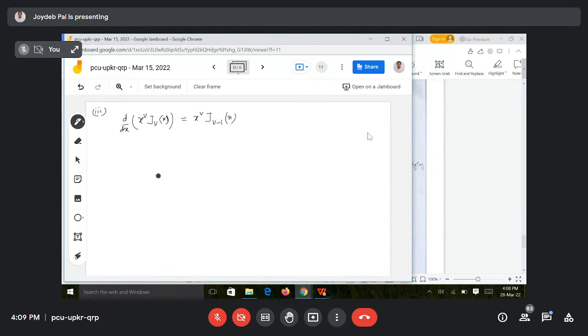Now if we differentiate the left side, then it will be x to the power nu J nu dash x plus nu x to the power nu minus 1 J nu x is equal to x to the power nu J nu minus 1 x. Fine.